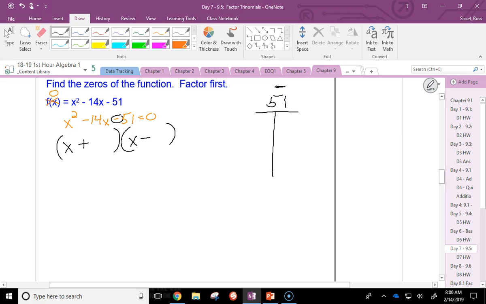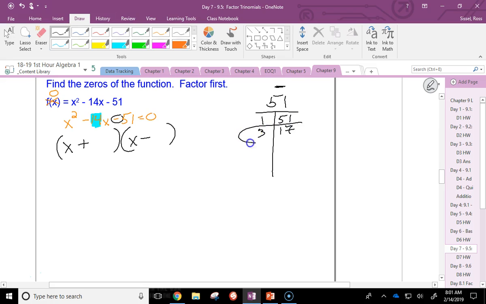I'm going to be subtracting. So my factors of 51 are 1 and 51, and that's 50, so I know that's not equal to my number. My factors have to end up equaling B. 2 doesn't go into this. 3 goes in 17 times. That one works.